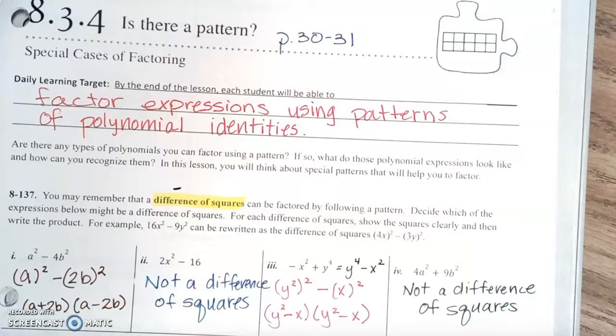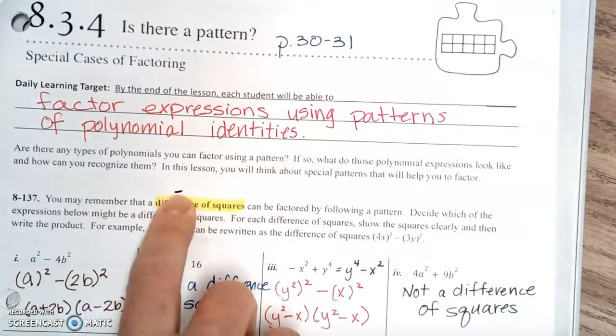Question 137 just has us look at special patterns that you should have already learned. These are Algebra 1 level problems, okay? And the biggest one, or easiest one to recognize, is the one called difference of squares. Difference meaning it has to be subtraction.